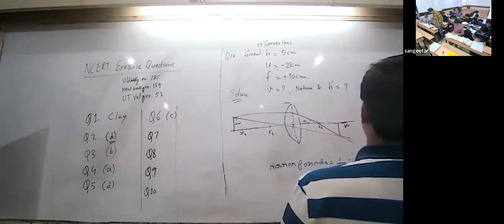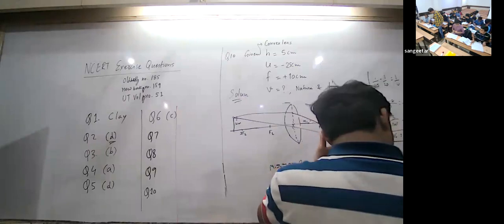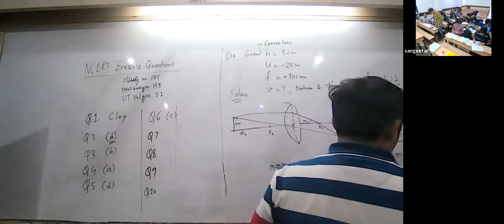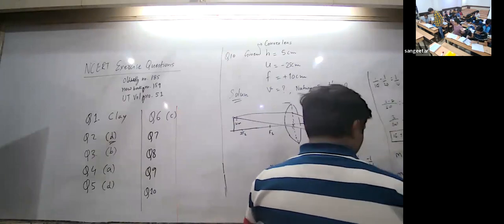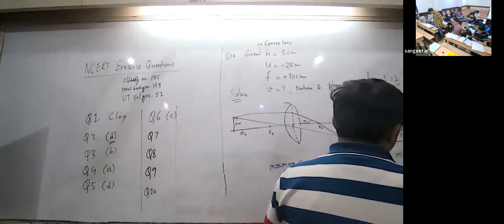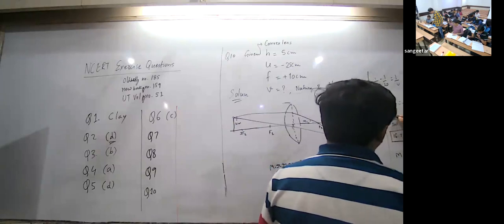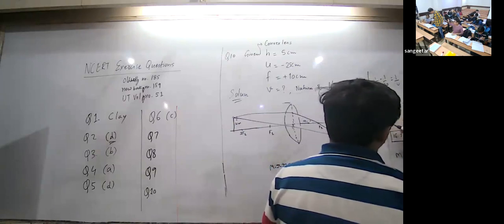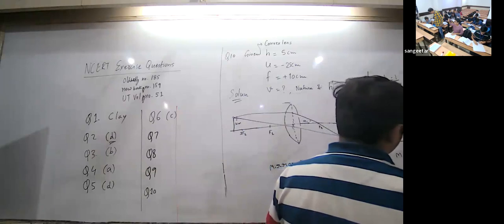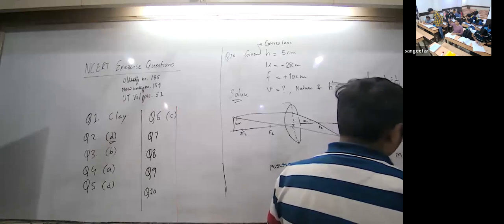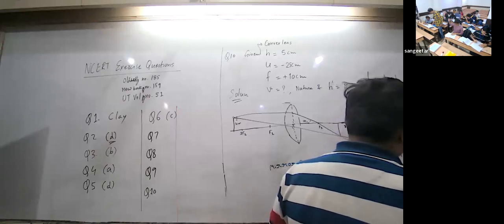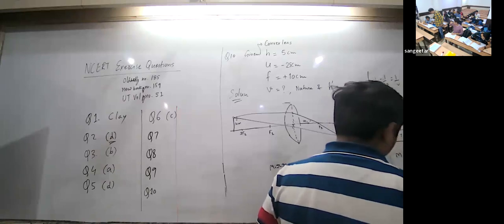This is the diagram you have drawn. Why did you write equal? It is minus. So minus minus will become plus, right? So 1 by V, you have to find V, right? So 1 by V will be equal to 1 by 10 minus 1 by 25. Why equal everywhere?